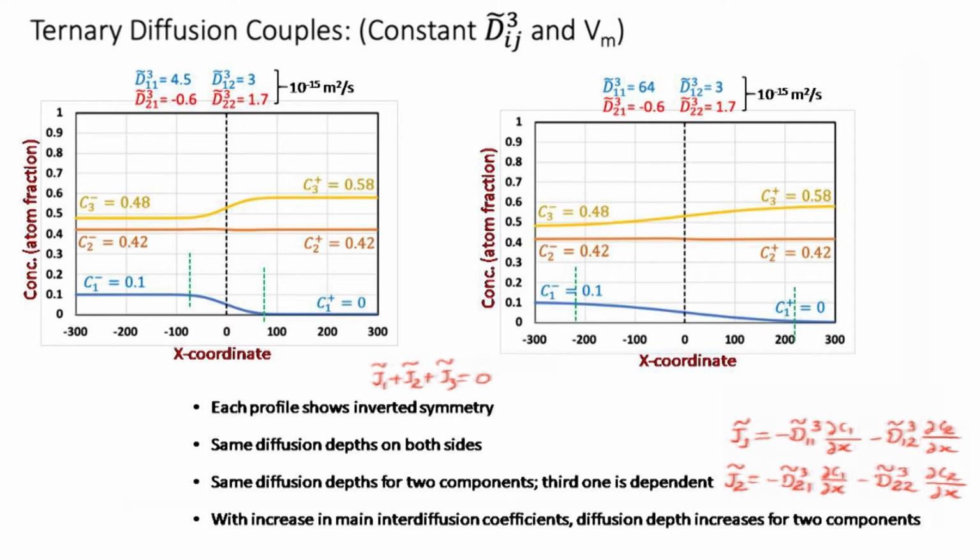Okay, let us see the effect of cross terms, or how diffusional interactions are important in a multi-component system. On this slide, I am comparing 2 cases of the diffusion couple formed with the same 2 terminal alloys as described in the previous slide.